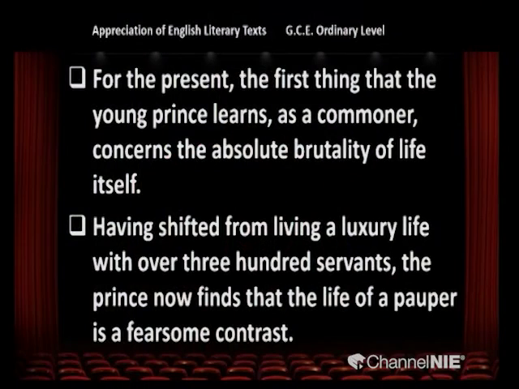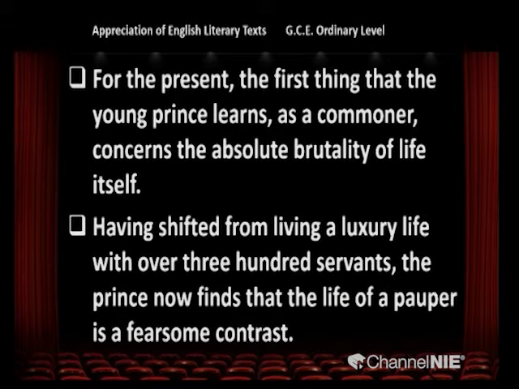For the present, the first thing that the young prince learns as a commoner concerns the absolute brutality of life itself. Having shifted from living a luxury life with over 300 servants, the prince now finds that the life of a pauper is a fearsome contrast.